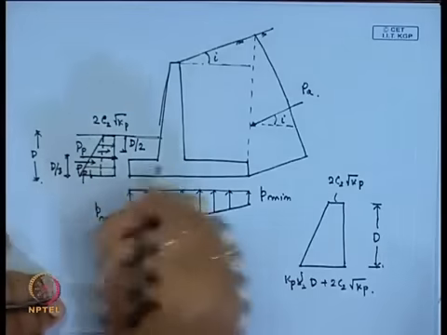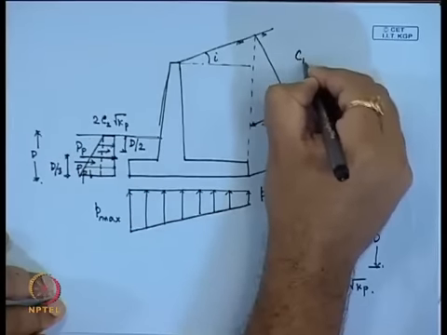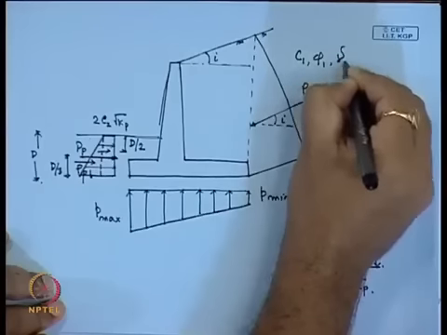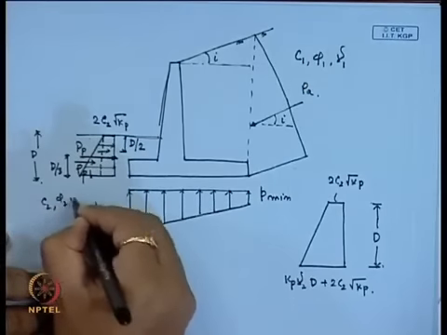So, we can say the dimensions: this is C 1 cohesion and phi 1 and gamma 1. Similarly, here also C 2, phi 2, gamma 2.